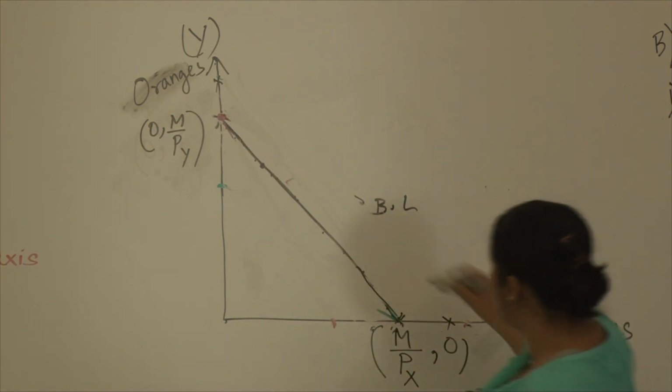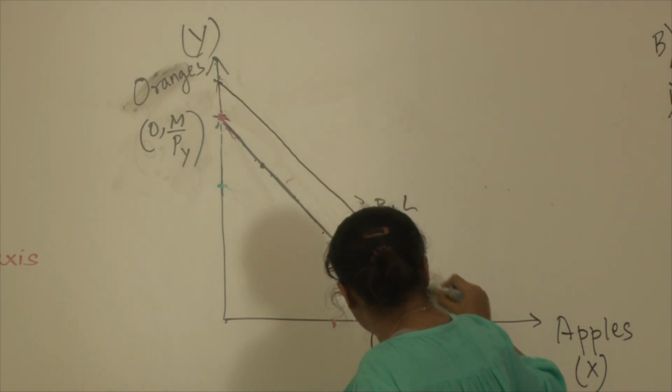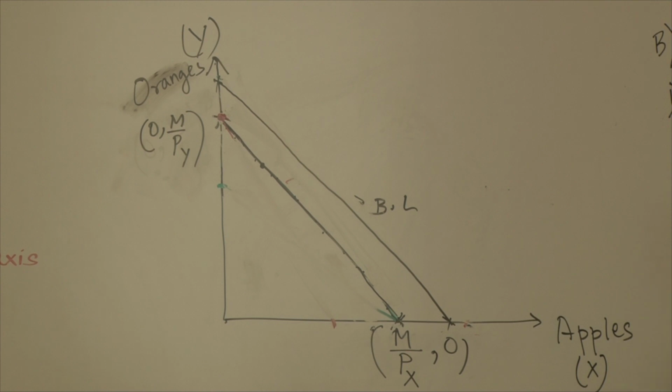That means with an increase in income, the budget line is going to move out parallelly. Okay, and I will tell you why in the previous case we were considering a swing, and here we are considering a parallel shift. I will tell you that in a bit.